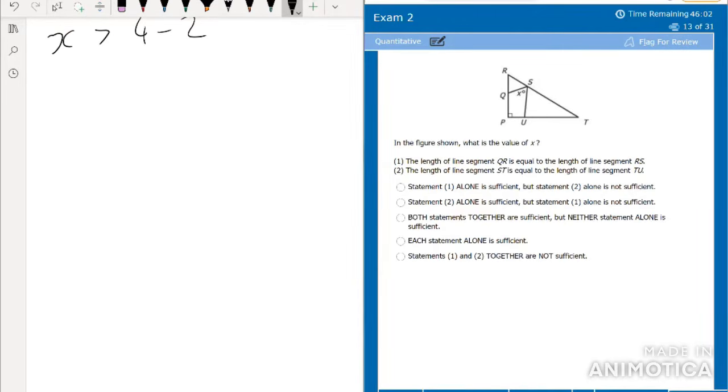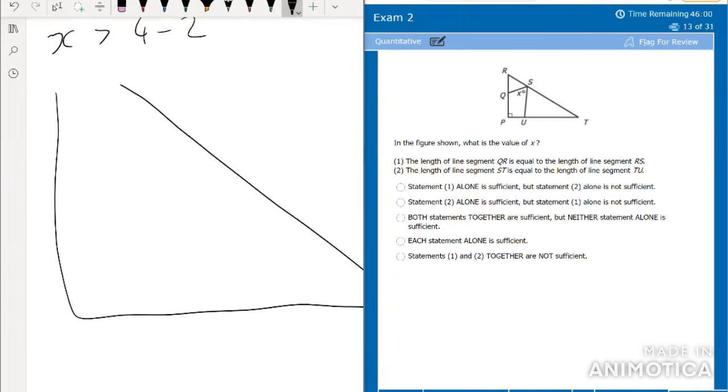What is the value of x? Okay, more geometry. Just going to start translating everything I can. So we've got 90. We've got this random thing here. X. Can't really do much else at the moment. The length of line segment QR is equal to the length of line segment RS. Okay, so let's say that that's that.